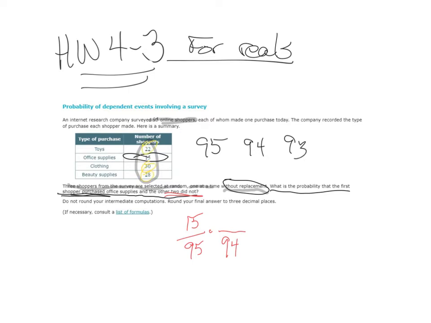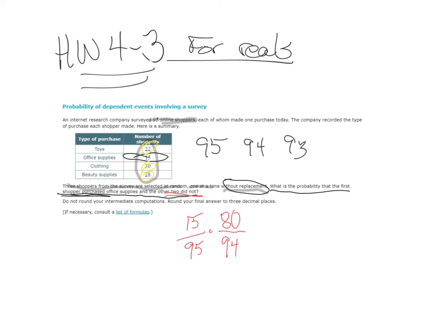If I were to add all those up, that's going to add up to 80. So there's 80 possibilities of not getting office supplies. So I got an 80 out of 94 chance of not getting office supplies on that next one.